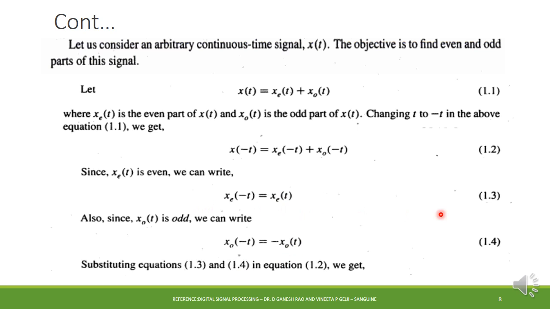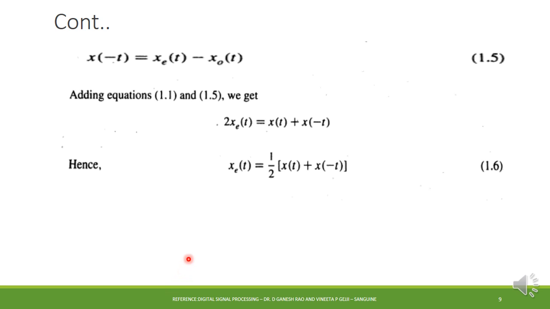Let us take this as equation number 1.3 and this as equation number 1.4. How do you get this? This is the simple definition of the even and the odd function. Substitute these two values in equation 1.2. We get x of minus t is equal to xe of t minus xo of t. You are changing xe of minus t to xe of t, and xo of minus t is nothing but minus xo of t. So you are going to get this one. This is called 1.5.